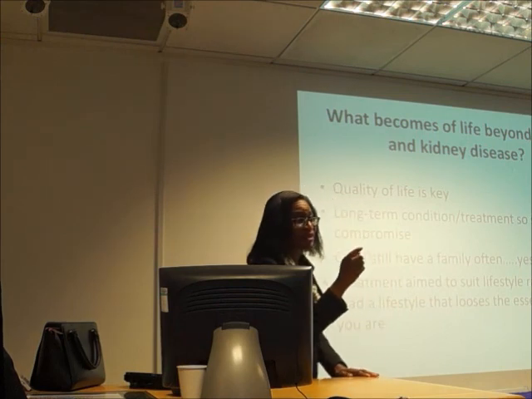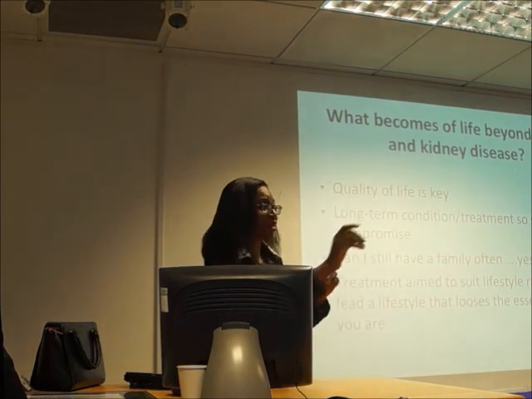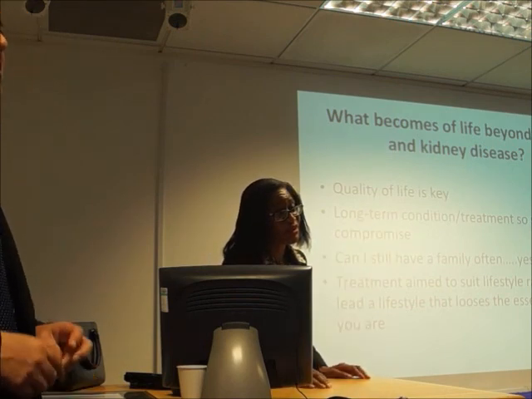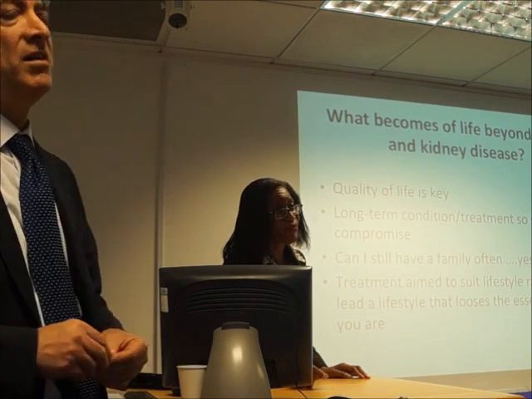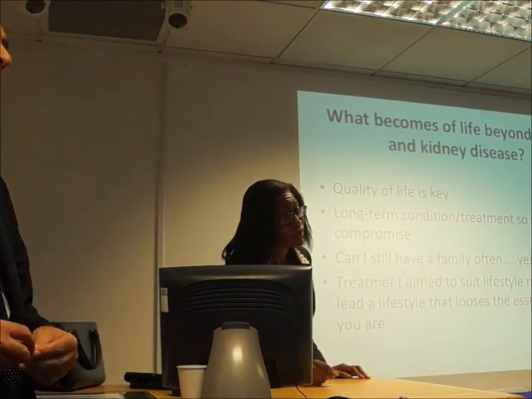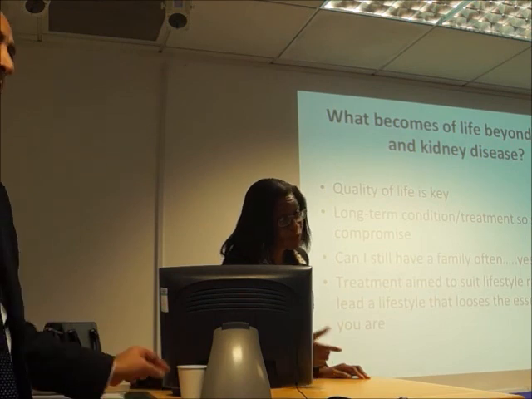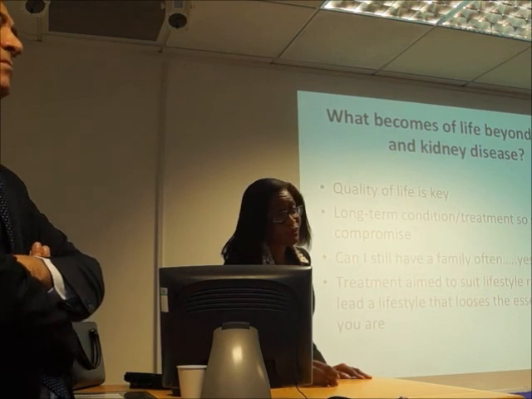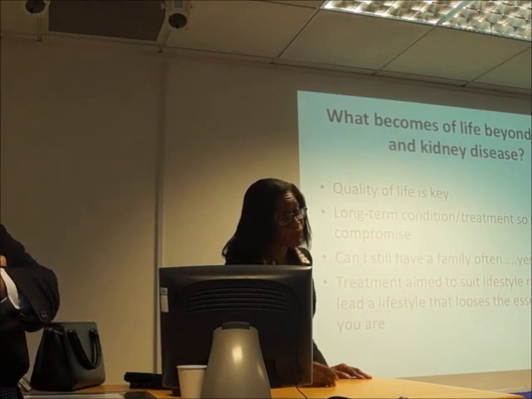Yes, that lady. I just had a question about what you said, that if the kidney disease happens acutely, sometimes, well, often, it can recover. I've been told already that mine aren't going to recover, and I'm in the process of transplant.